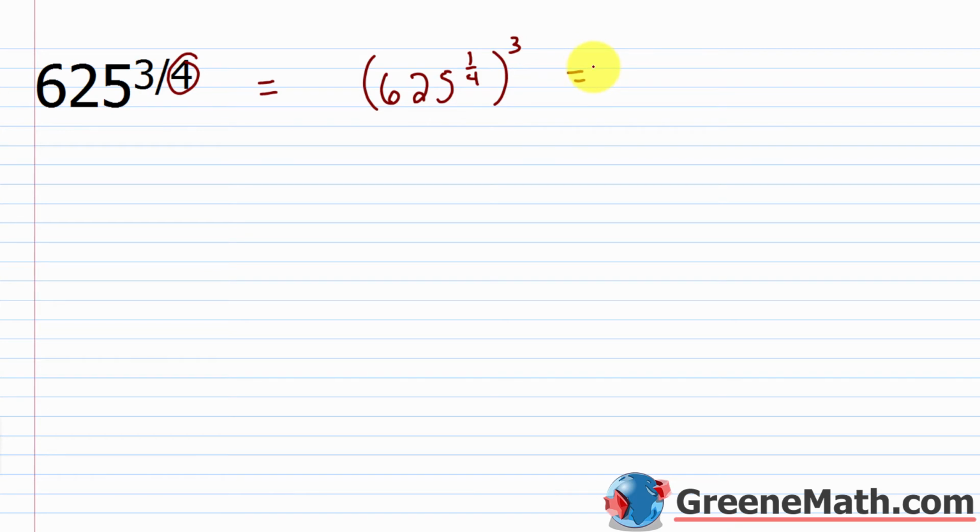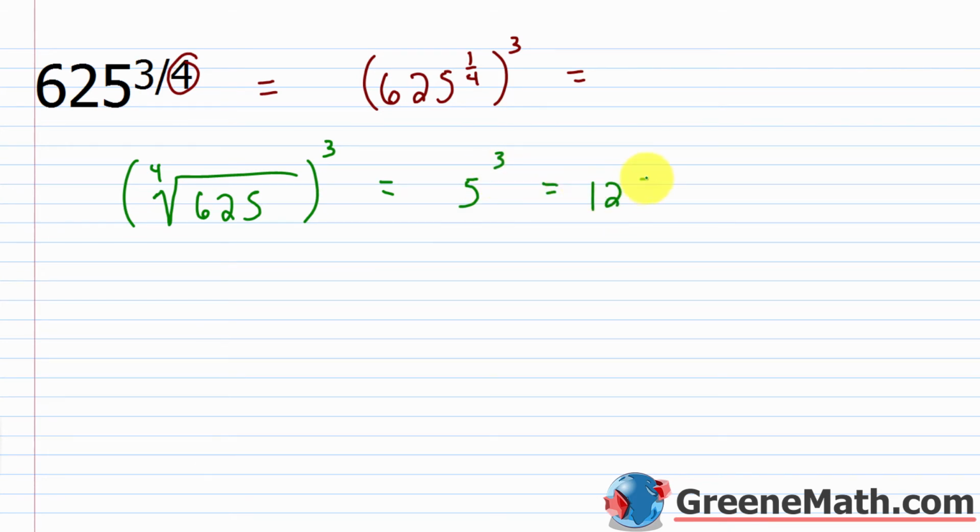And again, I'm going to write this, thinking about this as the 4th root of 625. Again, this is the radicand, so that comes down here. 4 is the index. And then I'm going to cube this guy. So what is the 4th root of 625? Talked about that earlier, it's 5. So this would basically just be what? It'd be 5 cubed, which is 125.